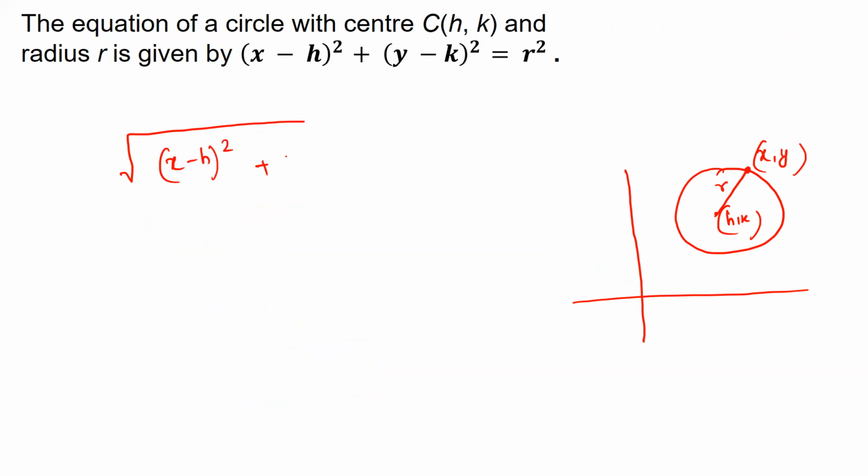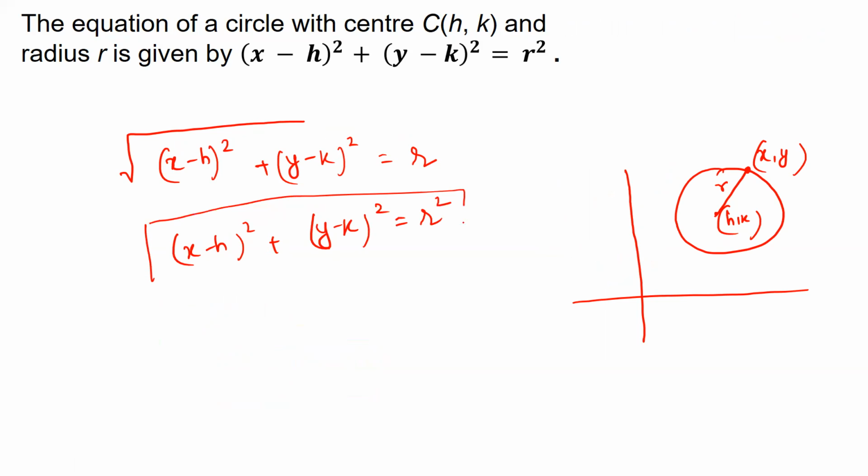So it's the square root of x minus h the whole squared plus y minus k the whole squared is equal to r. On simplification, this gives us x minus h the whole squared plus y minus k the whole squared is equal to r squared. So this is the equation of a circle with center at h comma k.